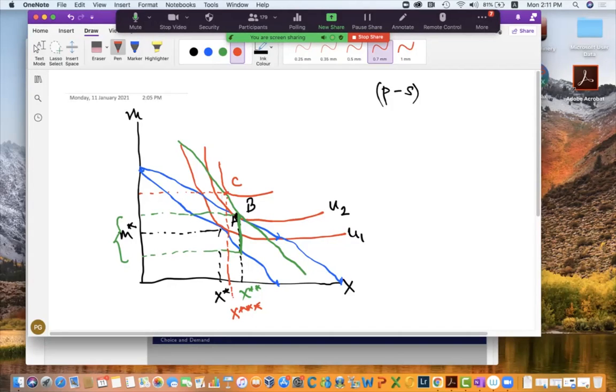So the argument is that if the government converts the subsidy program to a cash transfer program, spending the same amount of money as before, without changing the total value of the assistance, then it will allow the household to move up from the utility level U2 to an even higher utility level U3.